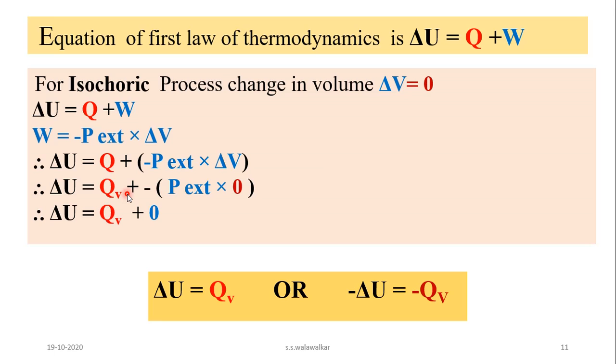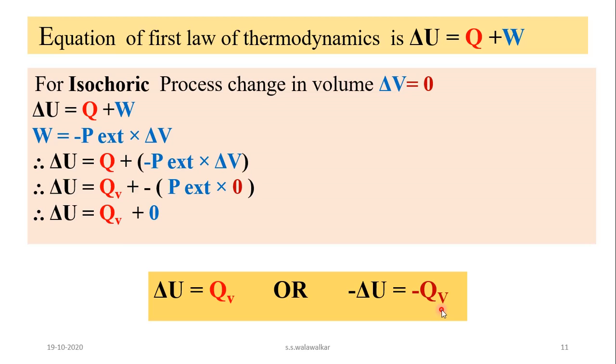So delta U, that is increase in internal energy, is equal to QV, or minus delta U, that is decrease in internal energy, is equal to release of heat, that is minus QV. So delta U is equal to QV, or minus delta U is equal to minus QV.